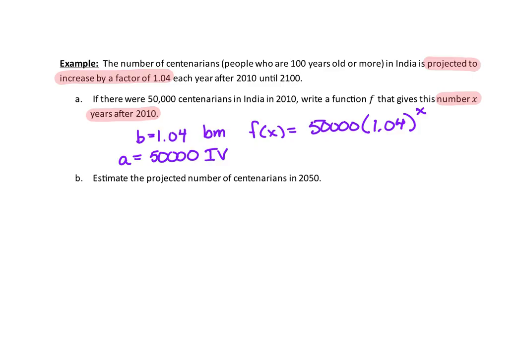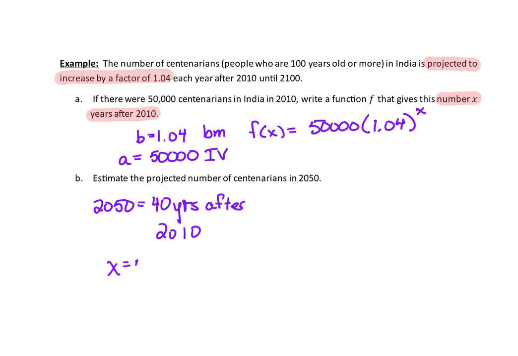All right, the second thing that we want to do at this point is estimate the projected number of centenarians in 2050. And so 2050, this is 40 years after 2010.